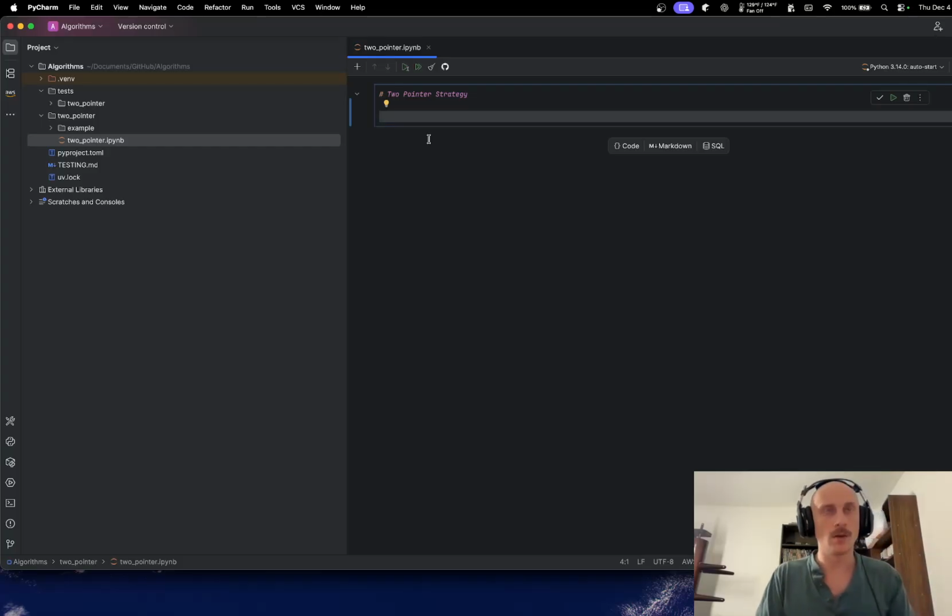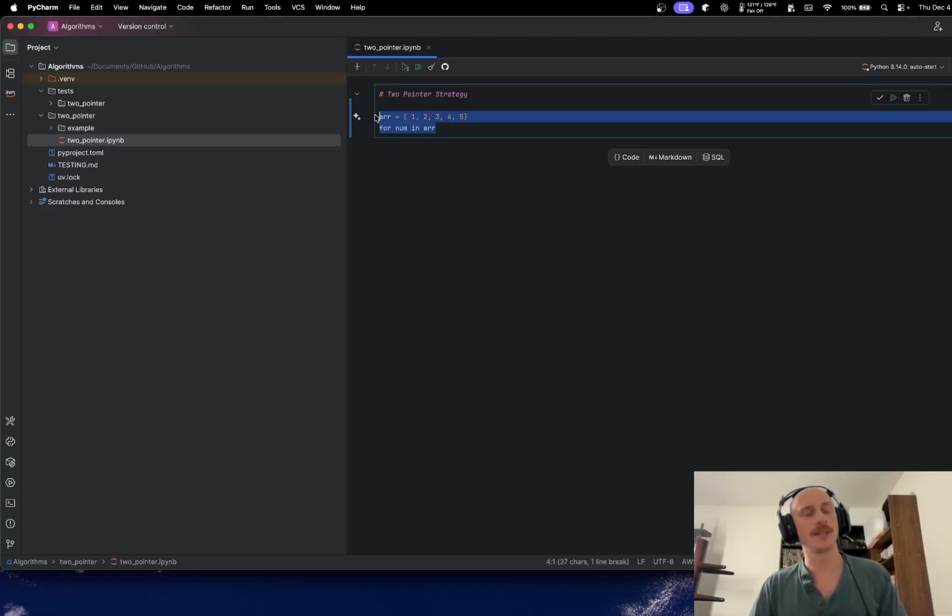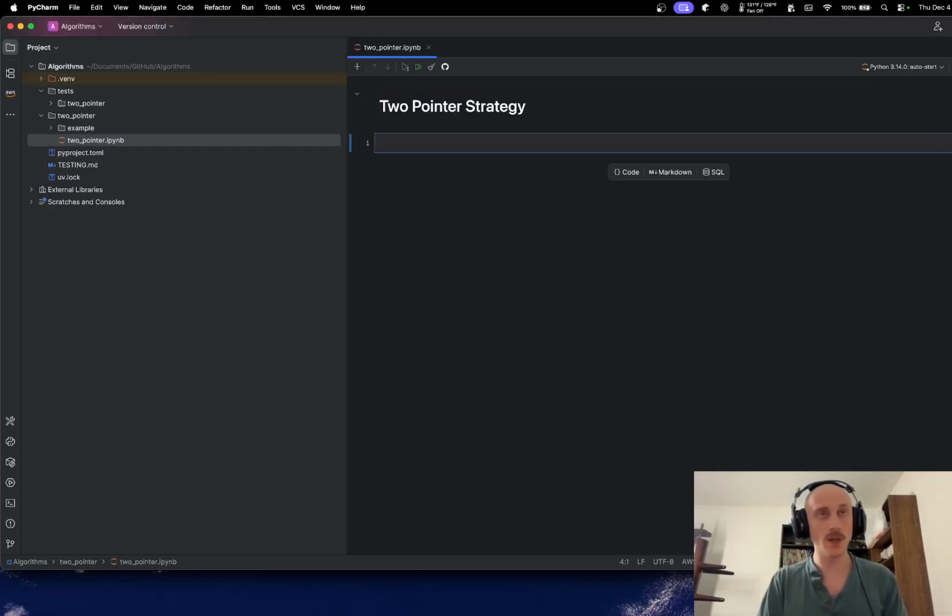We'll just call this array equals 1, 2, 3, 4, and 5. And then we'll loop through these and print them out twice. So for num in array. It would also help if I was actually writing this in a code block.